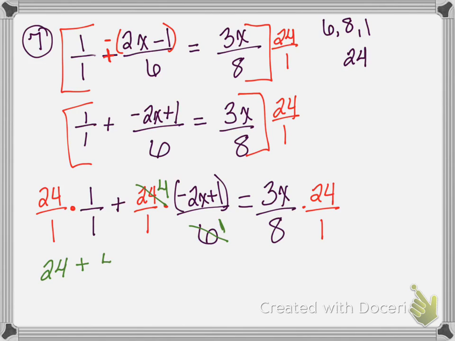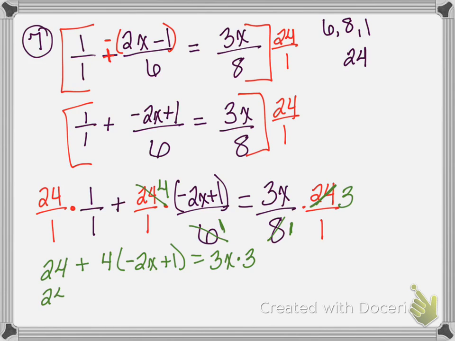So I have 4 times negative 2x plus 1. Then I have 8 and 24. 8 goes into 8 1 time. 8 goes into 24 3 times. So then I have 3x times 3. Okay?